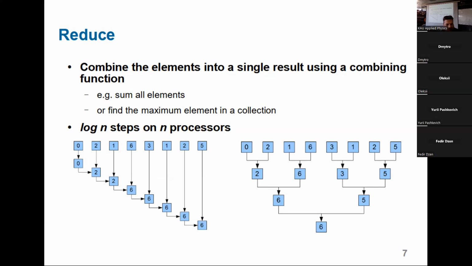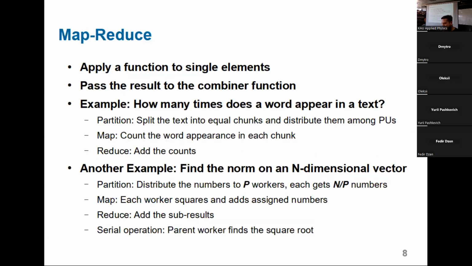But you can also see that it's not an optimal algorithm in the sense of utilization of your parallel machine, because a lot of processors have nothing to do near the end. But it's a very typical one, and a very typical situation is when you combine those two ideas into a single algorithm, so-called map reduce algorithms.